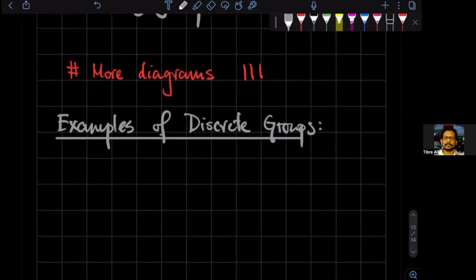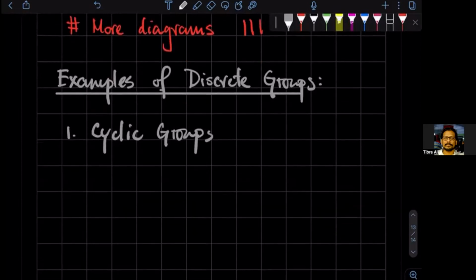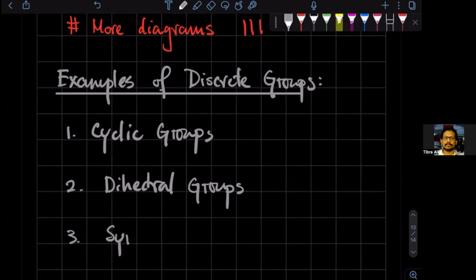So we are going to discuss three types of groups here. The first one would be the cyclic groups. Then we will talk about the dihedral groups, and then the symmetric groups, or permutation groups.